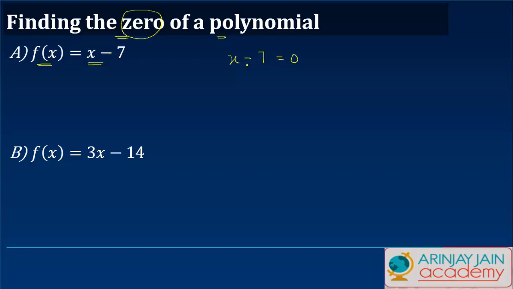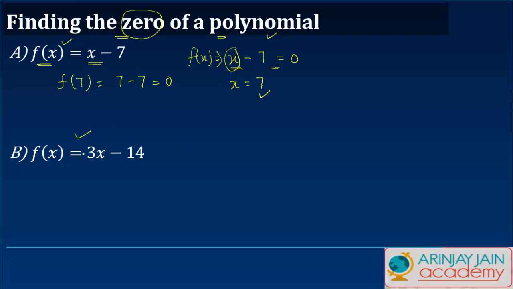If I look at it, it becomes pretty simple. What is the value of x for which f(x) = x - 7 becomes 0? It's obviously x = 7, because when x = 7, f(7) becomes 7 minus 7, or 0, which means that 7 is a zero of the polynomial f(x) = x - 7.